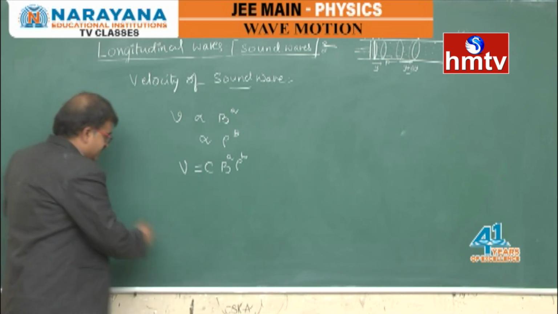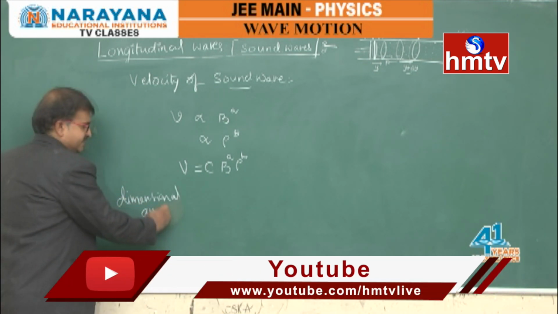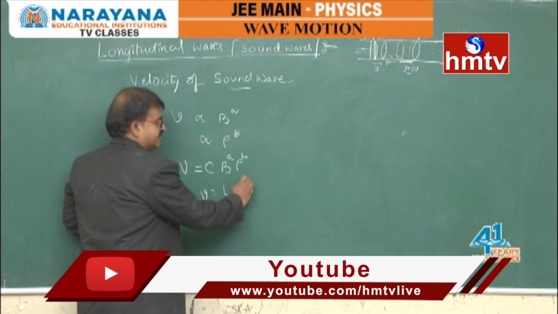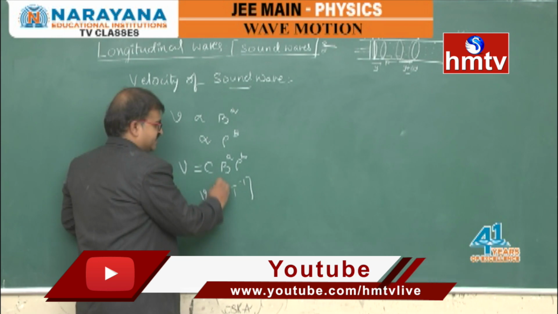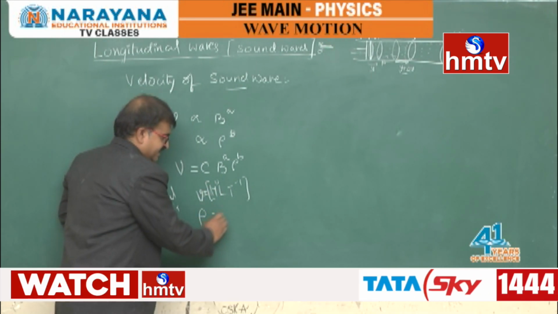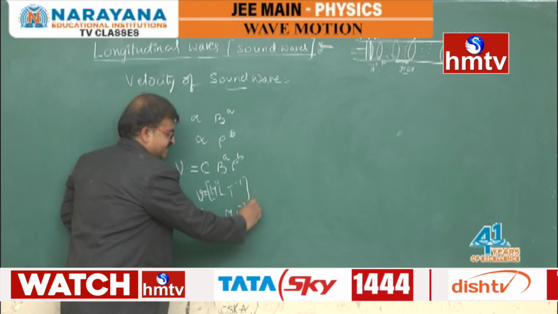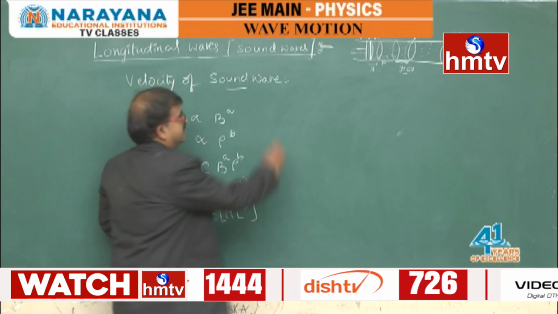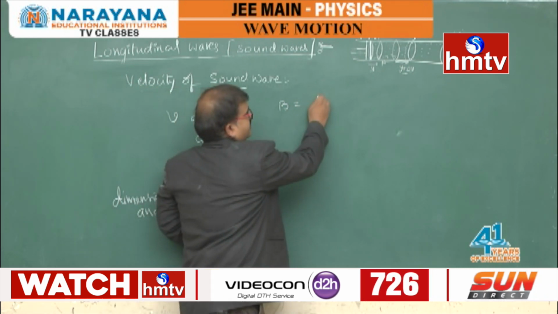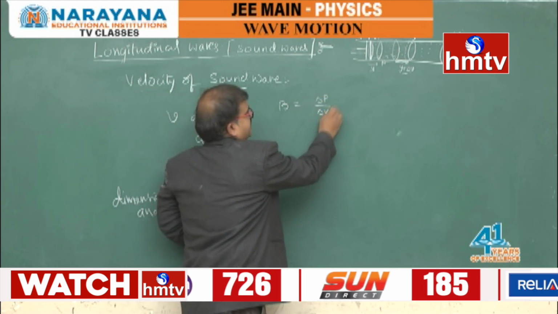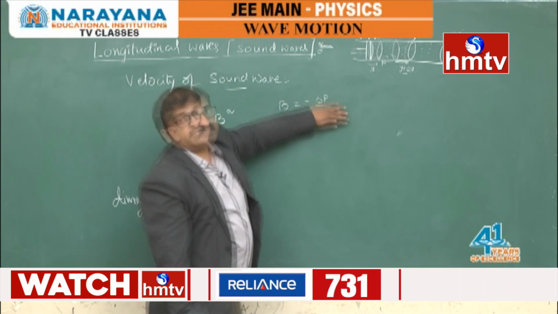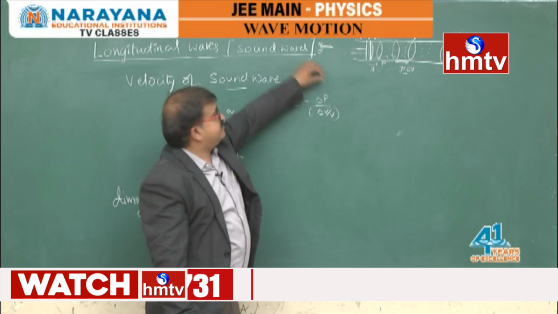By using dimensional analysis, for V the dimensional formula is L T power minus 1, M power 0, and for density it is M L power minus 3. Similarly, bulk modulus is delta P by delta V by V. Delta V by V is dimensionless because it is a ratio.